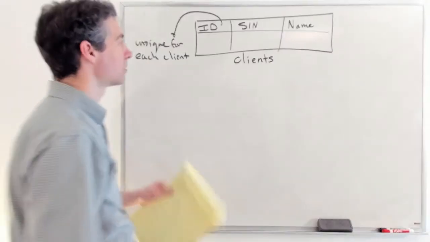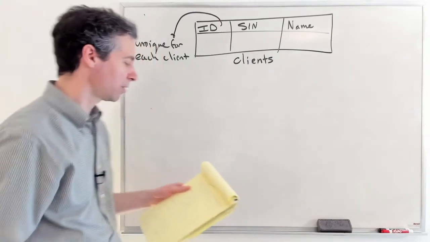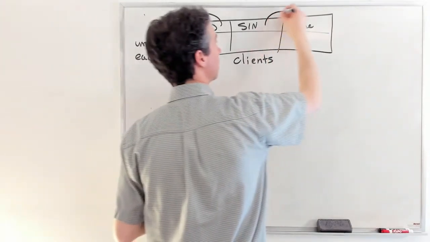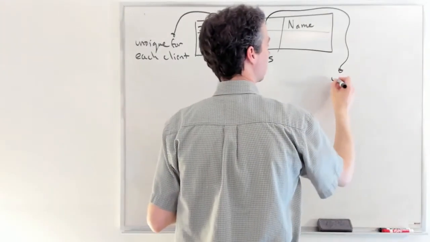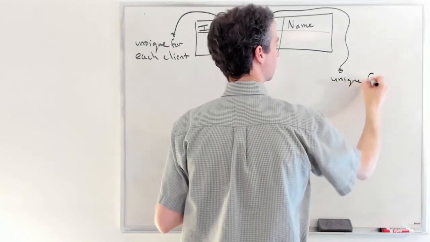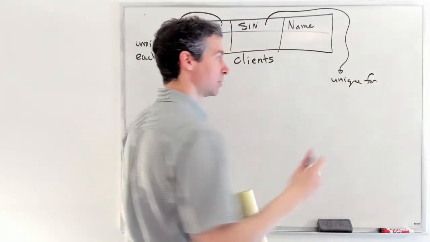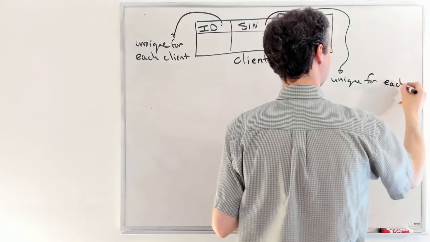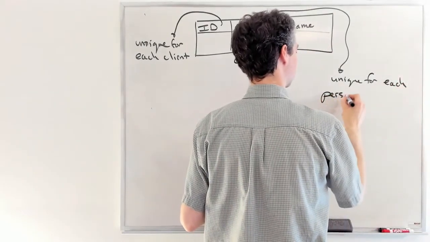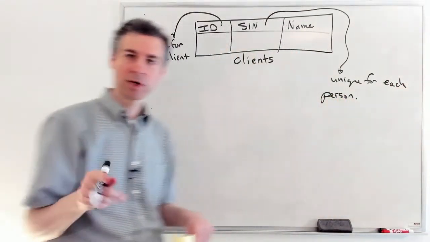Okay. Now, we know very well that the SIN is unique. So the social insurance number is unique for each person. But I want to mention something.